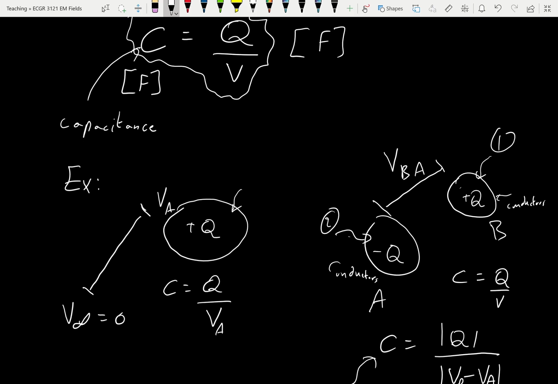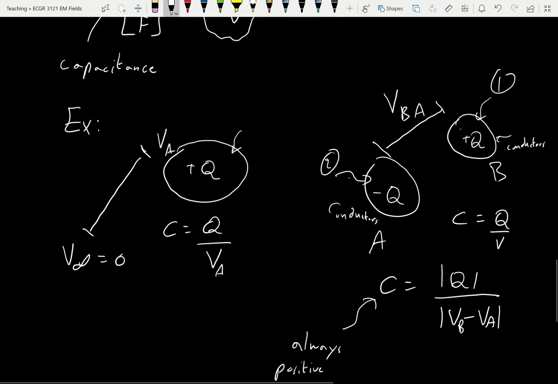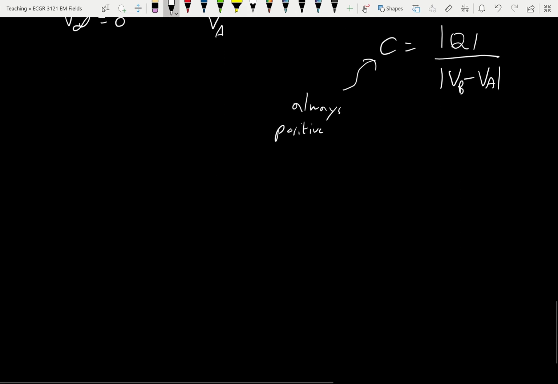If we don't have conductors, we can still deal with it, but it becomes more complicated. We have to start integrating. We have to consider a capacitance for a differential element, and then we have to integrate to find the total capacitance.